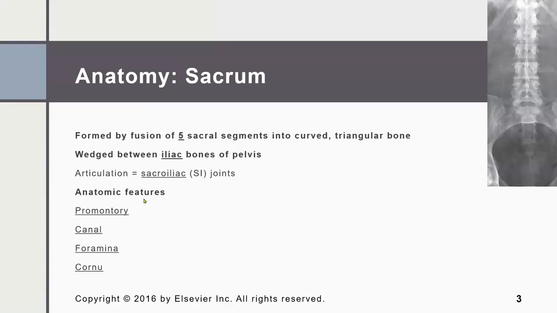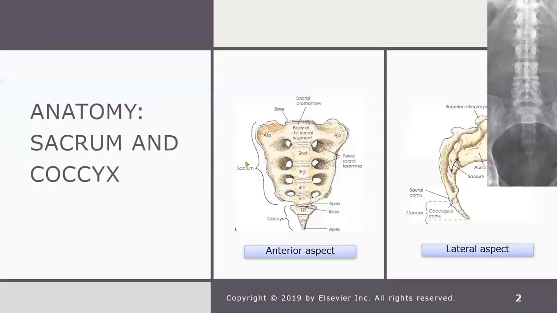The prominent features would be the promontory, canal, foramina, and cornu. So I'm going to go backwards here. The promontory is the anterior body of the sacrum, where it meets with L5. It's basically the first segment body of the sacrum if they were separated. The promontory is on the anterior side of the superior portion of the sacrum.